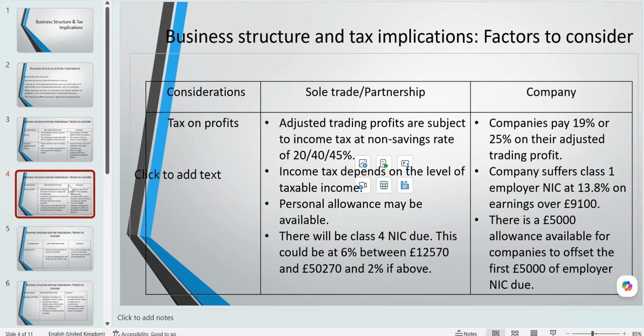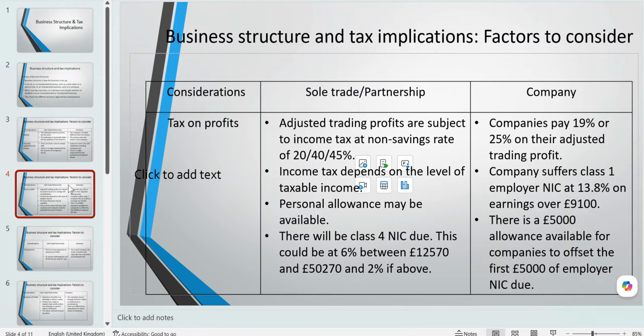This could be at 6% between 12,570 and 50,270, and when it is above 50,270, there will be 2%. This is in regards to sole traders and partnerships. But companies pay 19% or 25% on their adjusted trading profit.